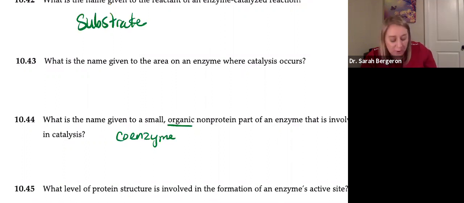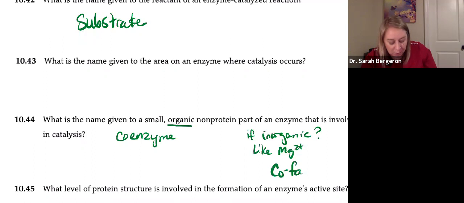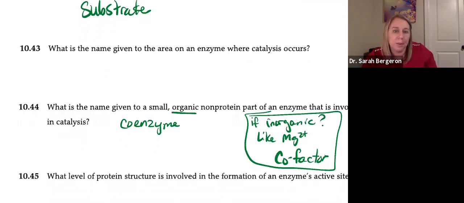So that's a coenzyme. What if they said inorganic? Same thing, but they swap the word organic and inorganic. Like, for example, magnesium 2+. Then this would be a cofactor. So just keep that in mind. You got to know them both.